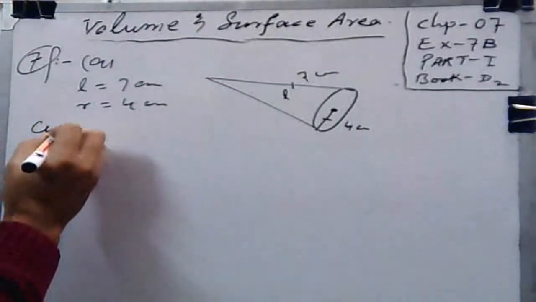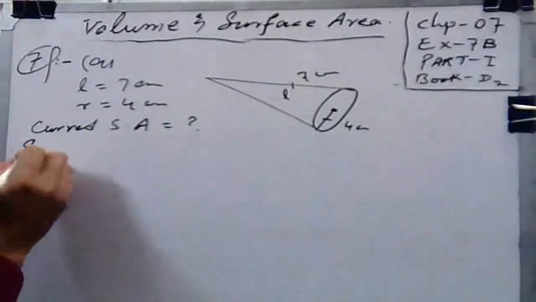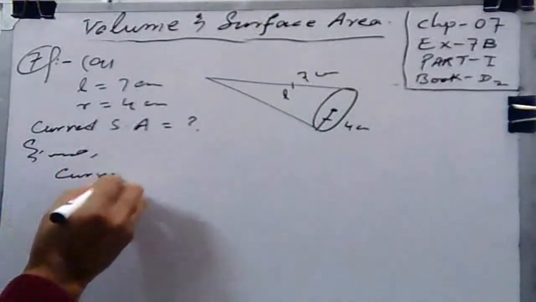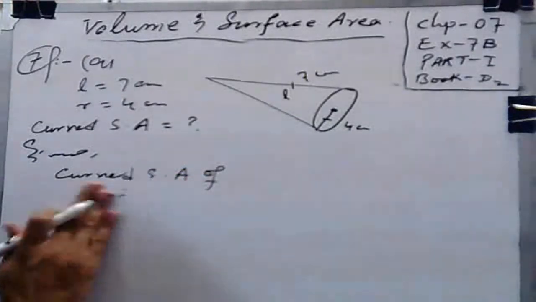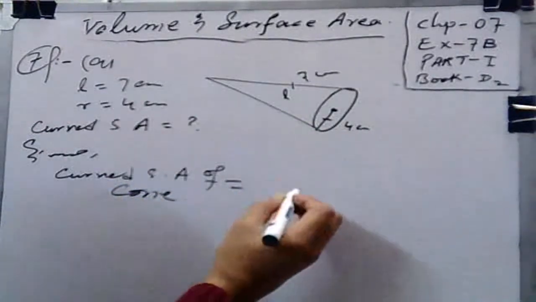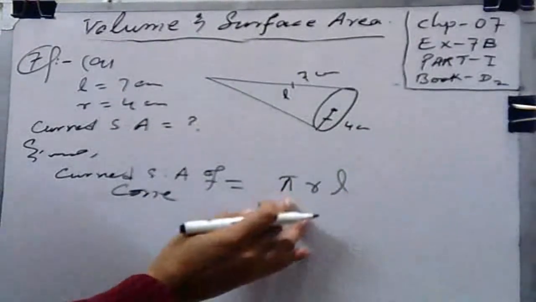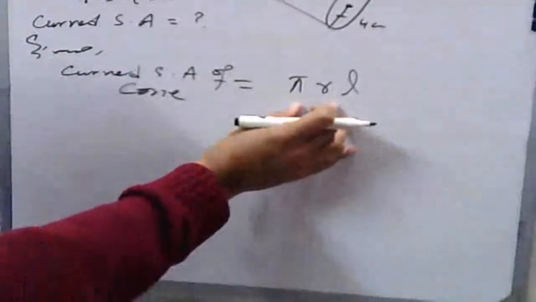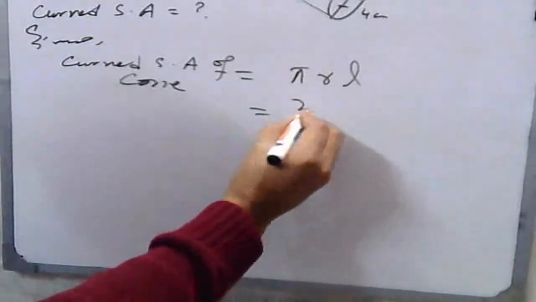We have to find the curved surface area. Since curved surface area of cone is equal to pi RL. Okay, what is the value of pi? You know that the value of pi is 22 by 7.